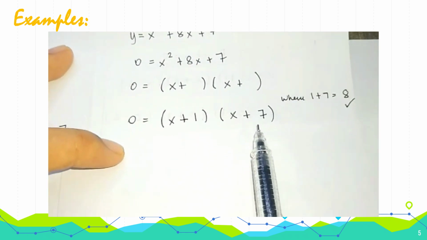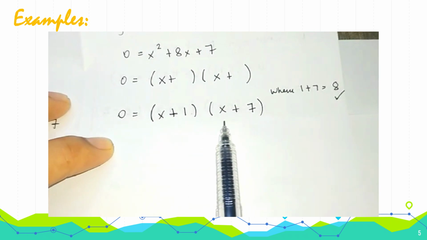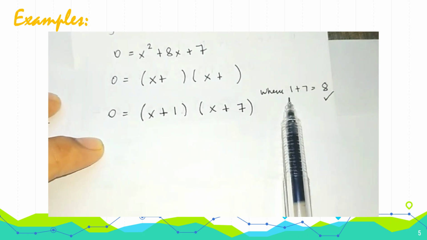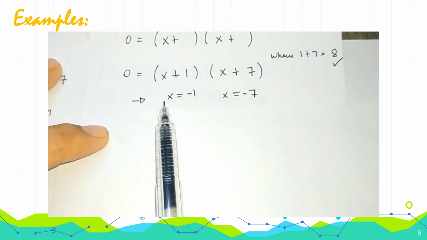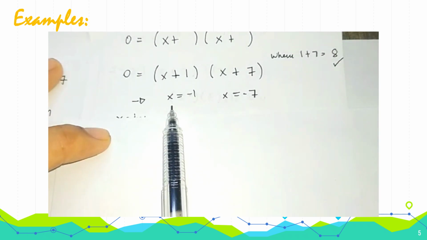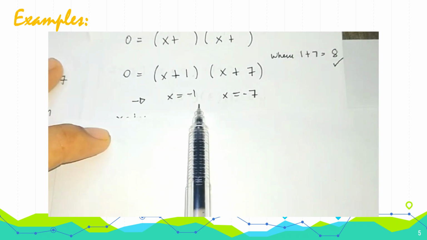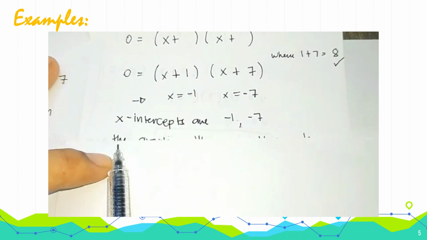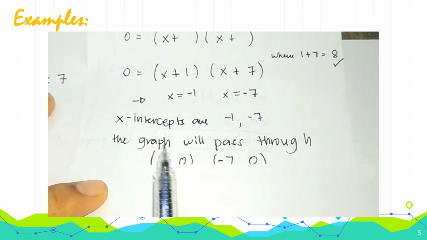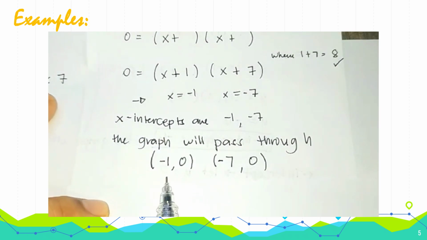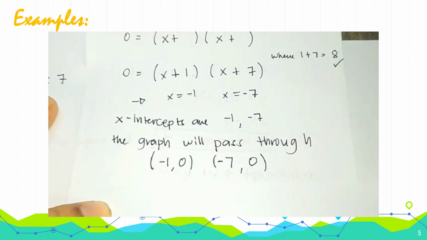What I have here is x plus 1 and x plus 7, where 1 and 7 give us positive 8. So the values for x will be x is equal to negative 1 and x is equal to negative 7. So the x-intercepts are negative 1 and negative 7. The graph will pass through the points negative 1, 0, and negative 7, 0.